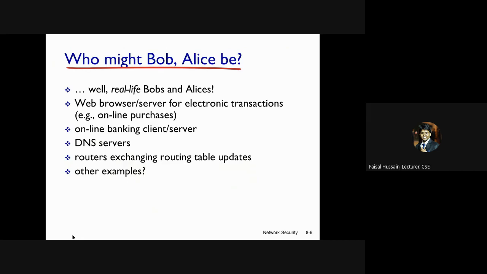So in real life, who are these Alices and Bobs, and who is Trudy? Like I just gave an example of browsing an email address. You see that this web browser could be Alice, and the server could be Bob. So I am at the browser, and I am sending out something.